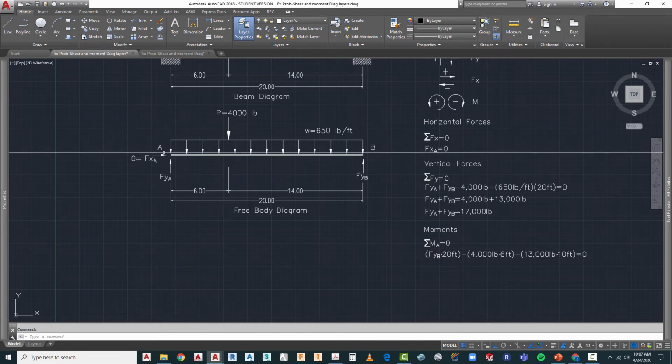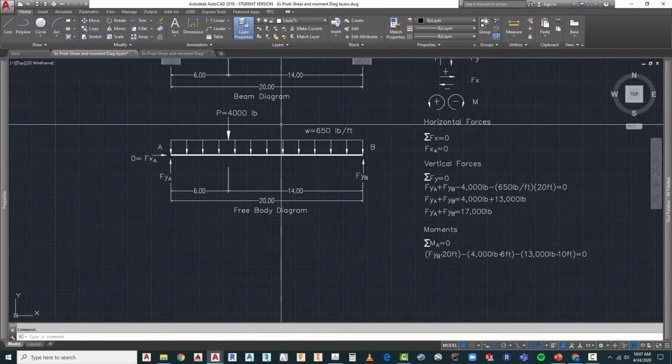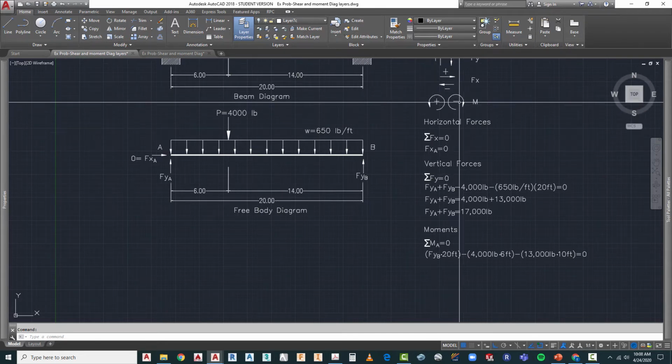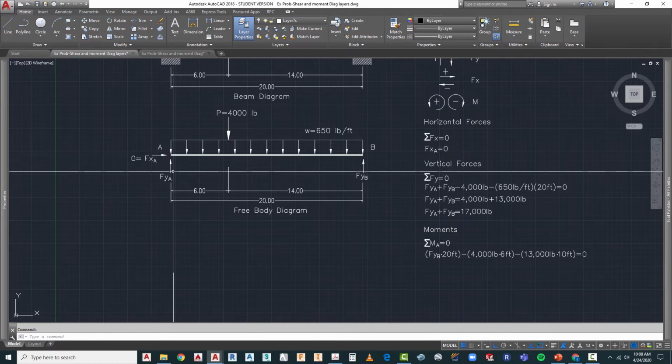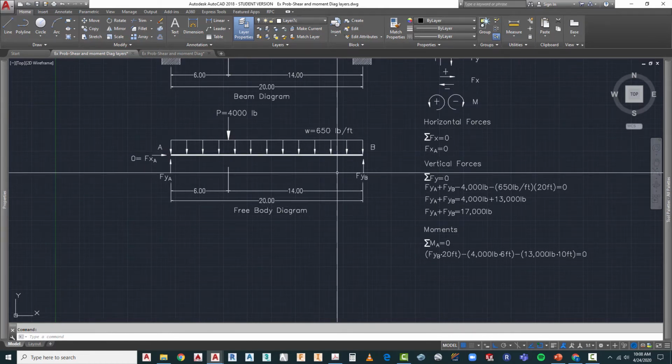A. Any forces that are coming down to the right are going to be considered moving clockwise, and if you remember our conventions, that is going to be a negative moment, while any reactions or any forces going up are going to be considered positive.